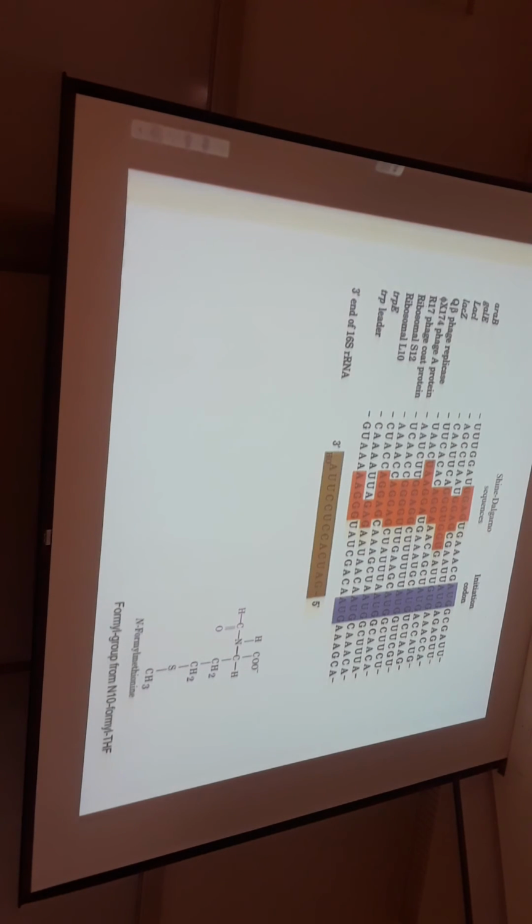However, at the start codon, only a particular tRNA can actually bind to the ribosome, and it's the one that brings in N-formyl methionine. Okay. And later then, the other tRNAs that actually bring in methionine can bind. But at the initiation phase, it's only this particular tRNA that has been loaded with N-formyl methionine.